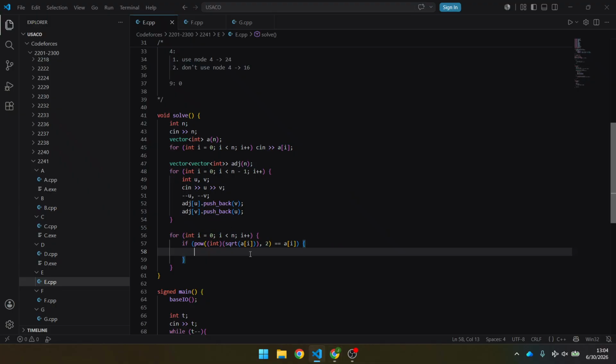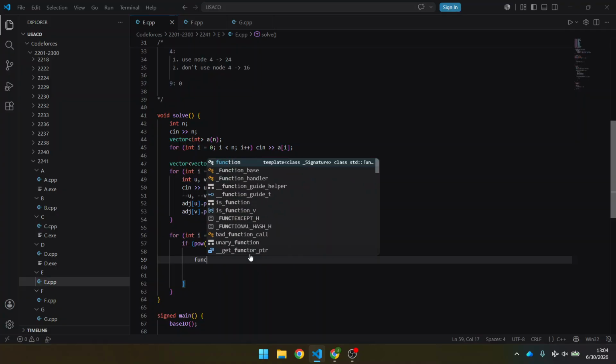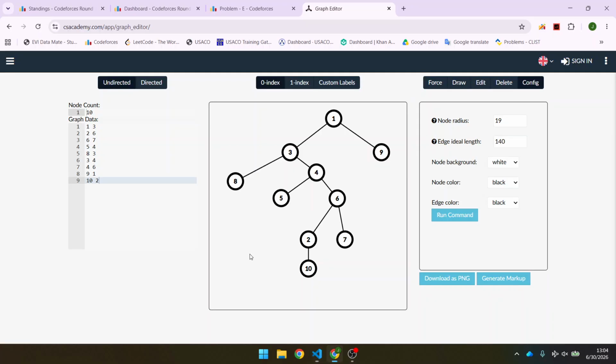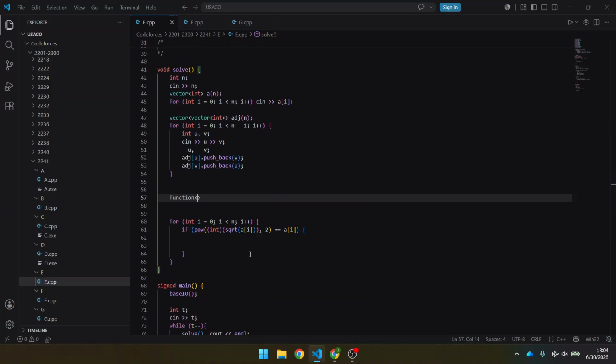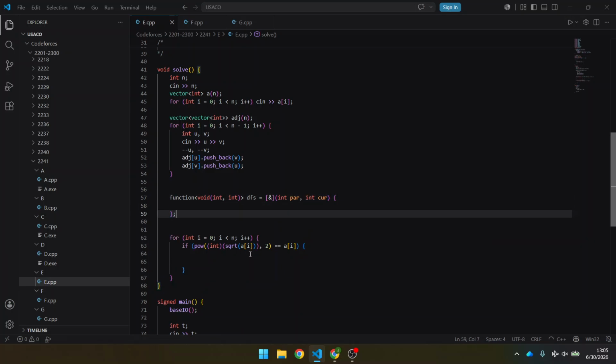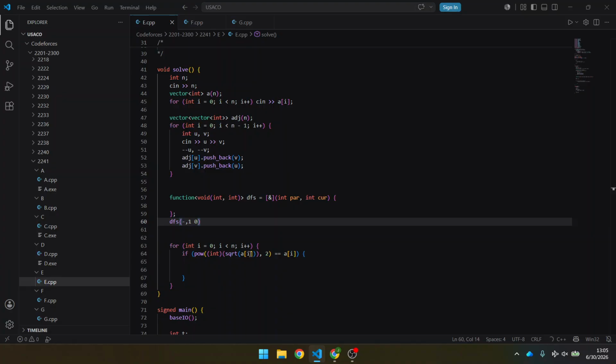So we can use a DFS here. For every DFS, we need to keep track of the size of the subtrees. So this will just be implementation details.